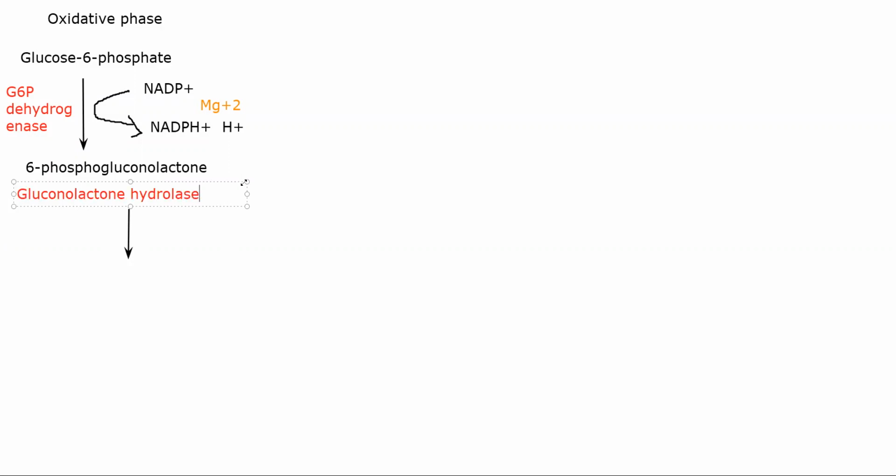Basically, I'm hydrolyzing 6-phosphogluconolactone in the presence of gluconolactone hydrolase, and I add one molecule of H2O here. What ends up happening is you get 6-phosphogluconate.